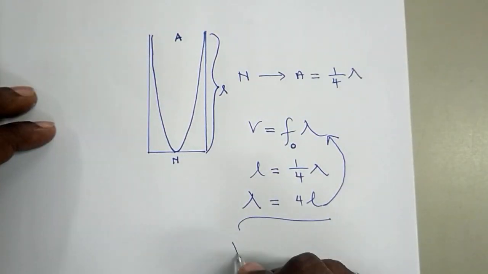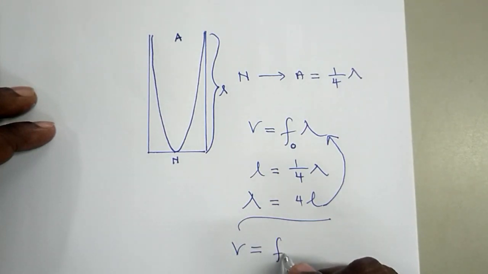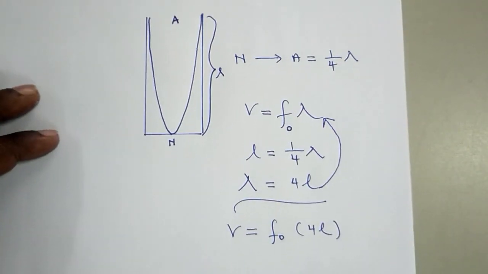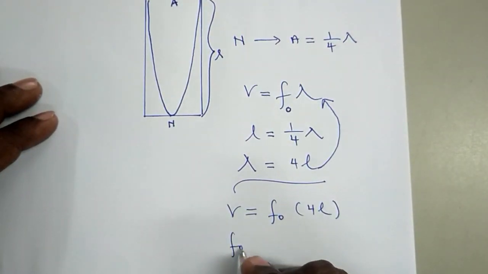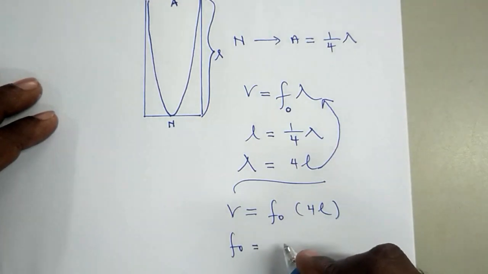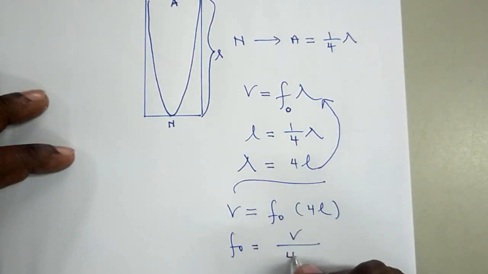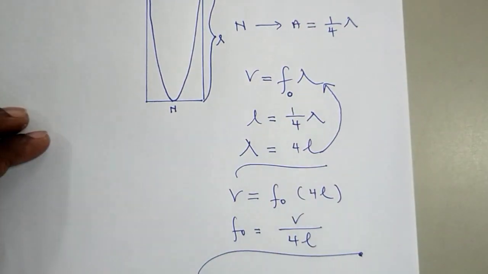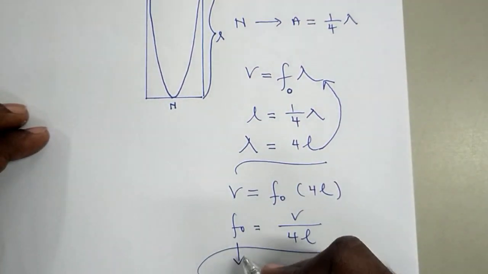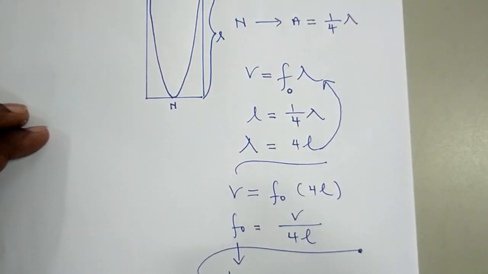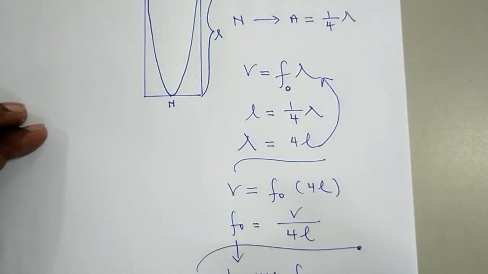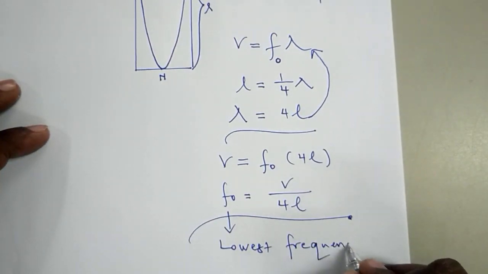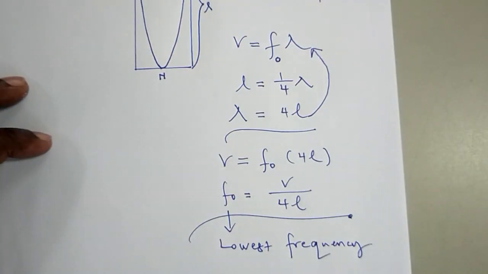So we will get V equals F naught times 4L. So now we can find the fundamental frequency F naught for this closed pipe, which equals V over 4L. The fundamental frequency is the lowest frequency obtained.